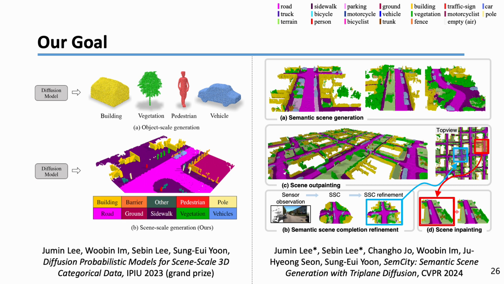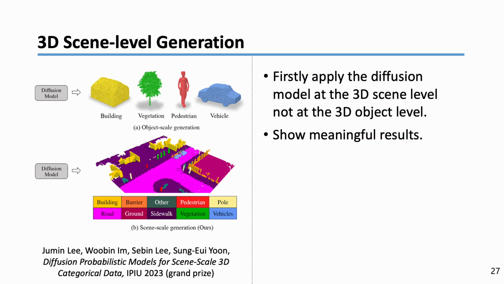So we propose two ways to address this task. In the first paper, we used a diffusion model for the first time on 3D semantic data and showed significant results. We also emphasized that creating multiple objects, due to the nature of the semantic map, is not covered by 3D object shape generation.